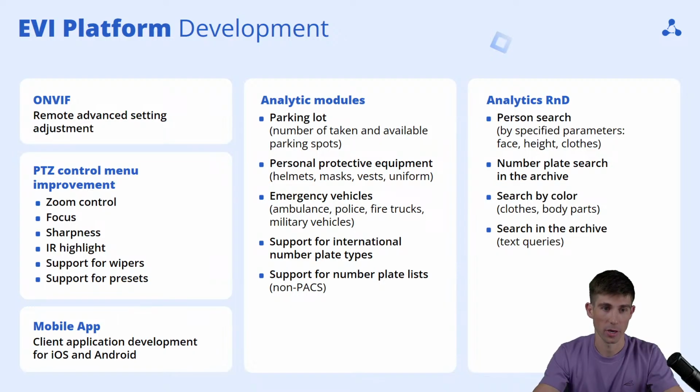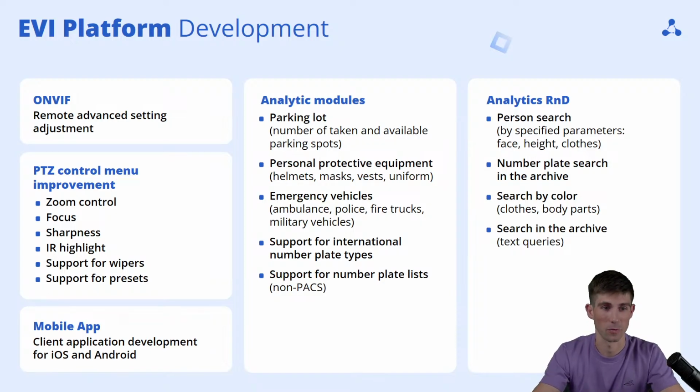So from the other features, all the equipment that can be connected to the EVI platform supports ONVIF. ONVIF is a standard for IP cameras that describes how they transfer data, settings, and video streams.